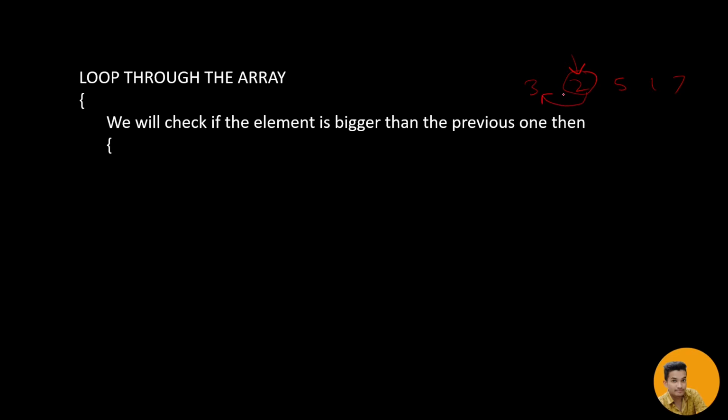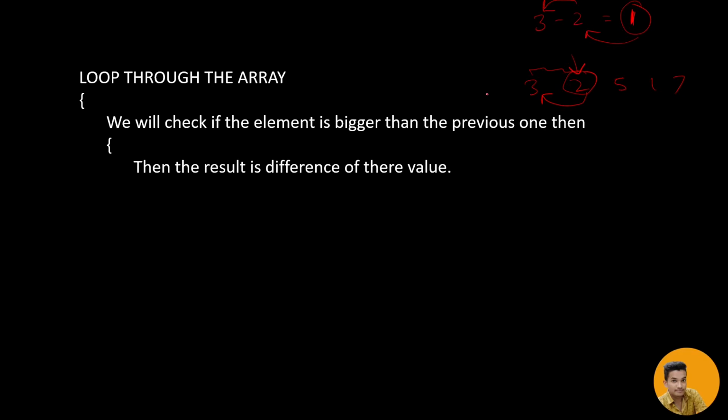If it is bigger, then we don't need to do anything. If it is not, then we need to devise something. How much should I add so that it becomes at least equal to it? Of course, their difference. Their difference tells us what to add so that it becomes at least equal to this number. Therefore the result is the difference of their values.